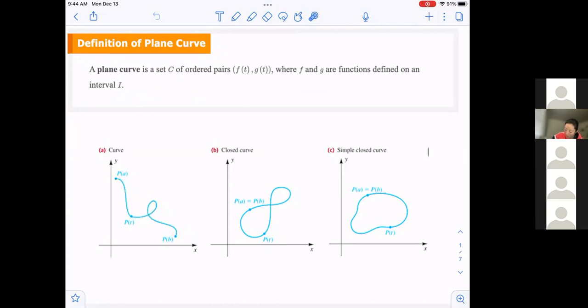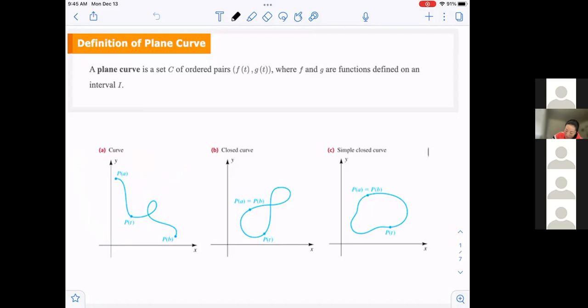Now, one of the things that makes this a little bit more interesting, as you can see when we're tracing the curves, they don't go like a straight line like we've seen, or maybe it doesn't even look like a parabola like we've seen, but these look more like random motions, like they're not necessarily as structured in the same way as the curves we've seen in the past, okay? And so that's something we're going to see a lot of today. We're going to be looking at these curves that maybe look a little bit different than a lot of the other graphs we've seen.